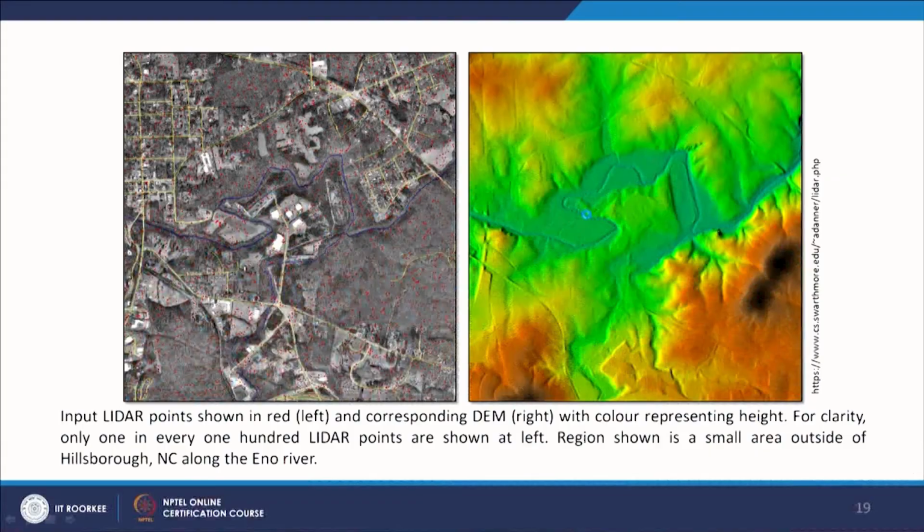Also here, if you look very carefully, you would find a lot of red dots on the left image. These are nothing but the points which have been collected, the hundreds of LiDAR points, or what we call point clouds. So, when the density of input points is very high, you can generate a very high resolution, very accurate digital elevation model, and this is what is shown on the right image.